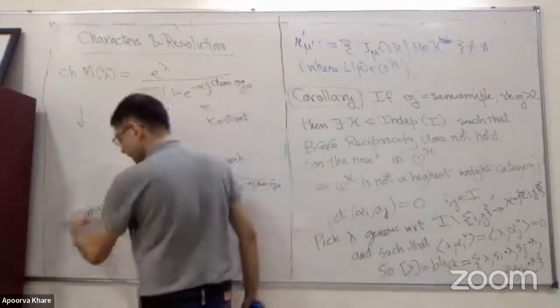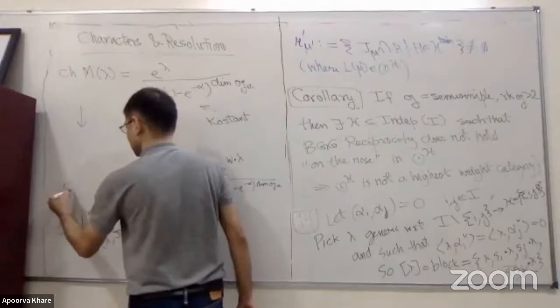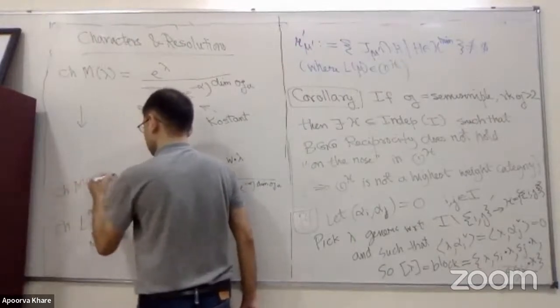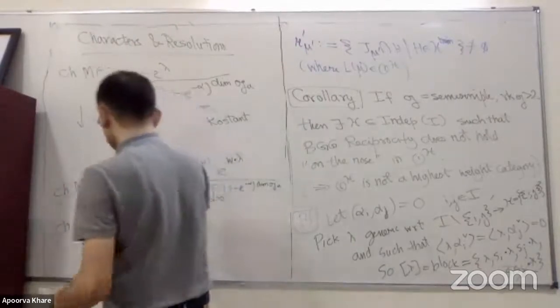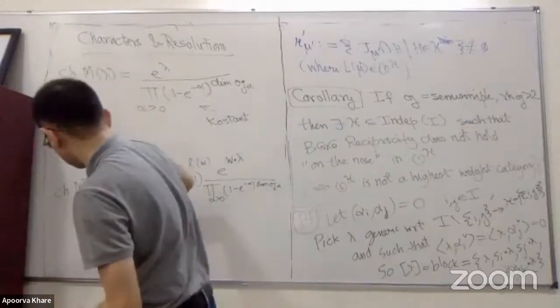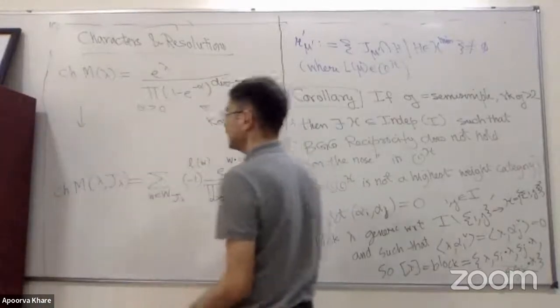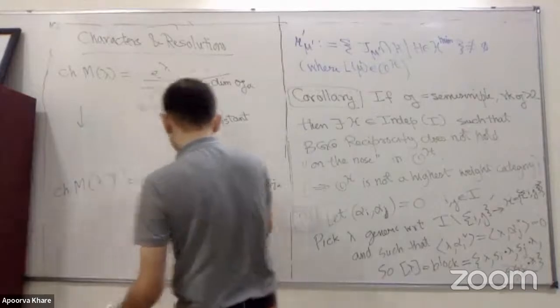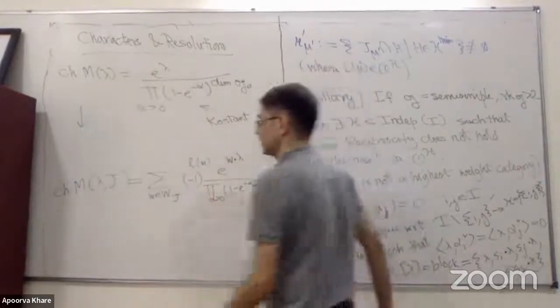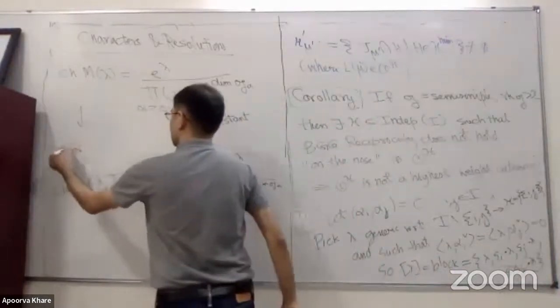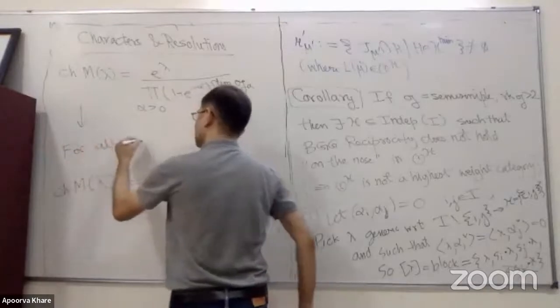And so the reason why the Weyl character formula works is because this works actually for this parabolic Verma module. But the point is, in fact, you don't even need to take j lambda. This is true for every J in J lambda.